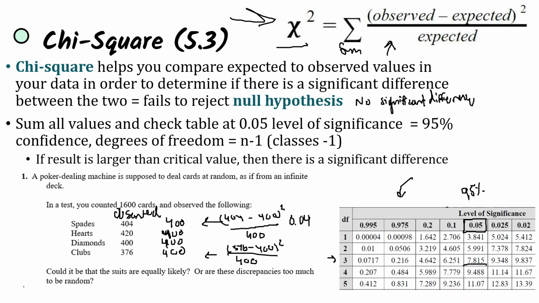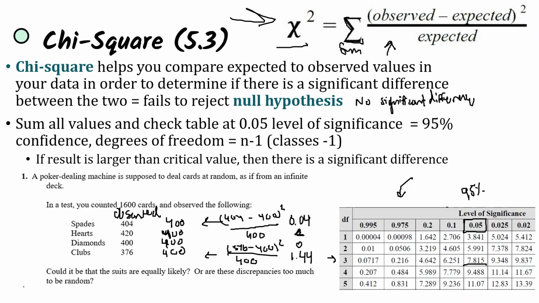But if you do this for all of the suits of cards, then you'll get 1 for the hearts, you'll get 0 for the diamonds because there's no difference, and you will get 1.44 for the clubs.